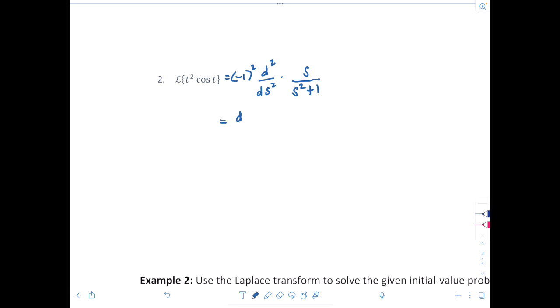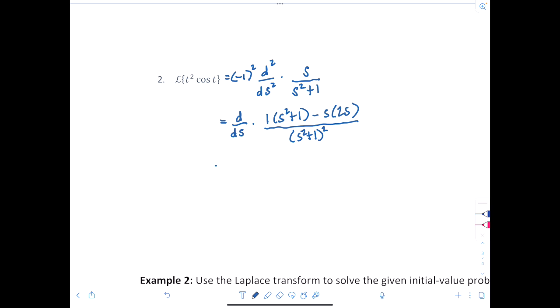So we'll do the first derivative. So we'll have the quotient rule: 1 times s times the denominator, which is s squared plus 1, minus the numerator times the derivative of the denominator, all over the denominator squared.